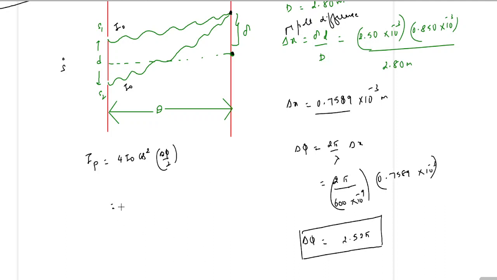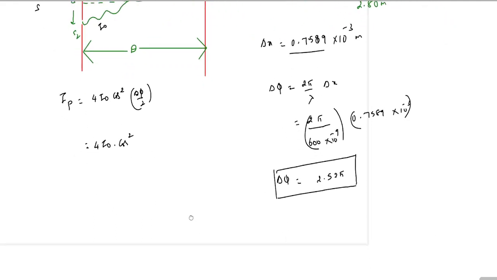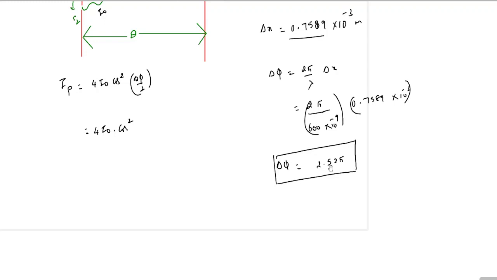That is equal to 4 into I naught into cos square delta phi by 2. Now it becomes difficult to find the value of this without a scientific calculator.